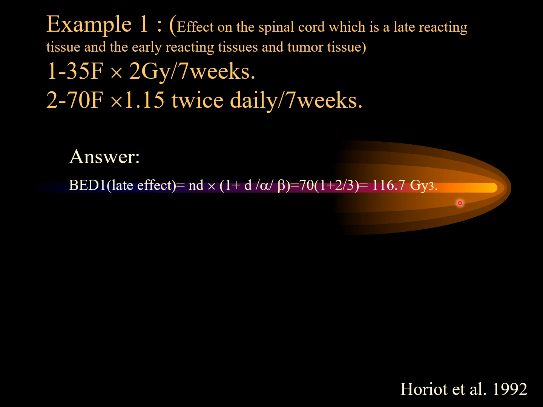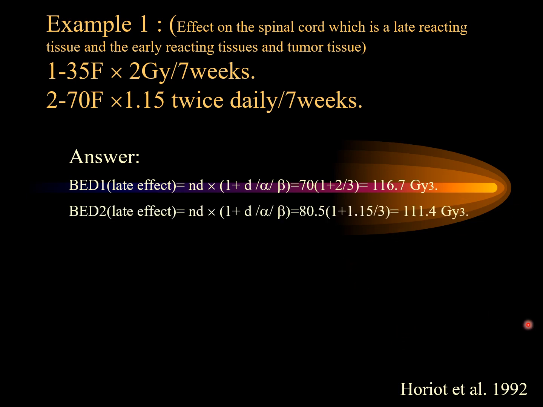For the second fractionation, let's see what we have. The BED for the second fractionation, again over the spinal cord for the late effect. Total dose is 80.5, because 1.15 times 70 gives you 80.5, and 1 is the same, plus 1.15, which is the dose per fraction.